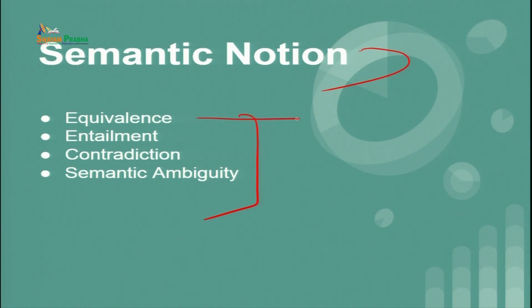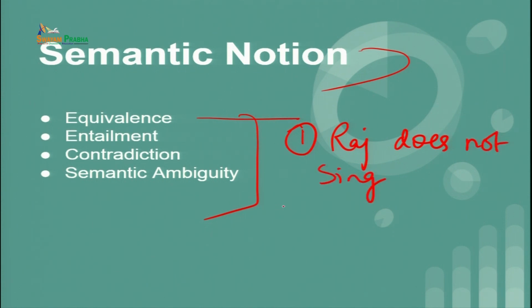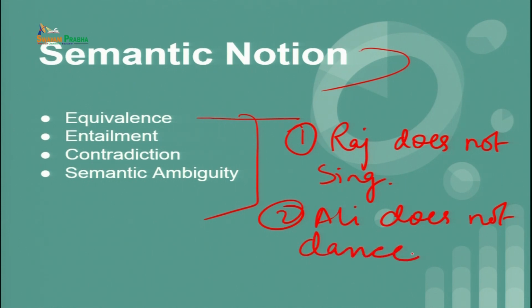First is equivalence, and to make you understand what equivalence is, let us take an example. My first example here is Raj does not sing, and the second example is Ali does not dance. Now think of these 2 examples and try to find the relation between them.